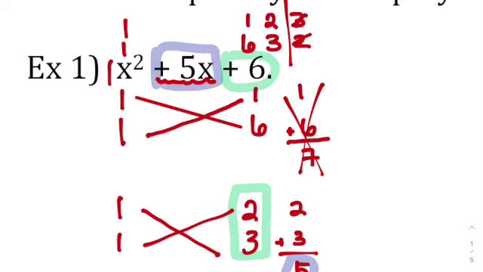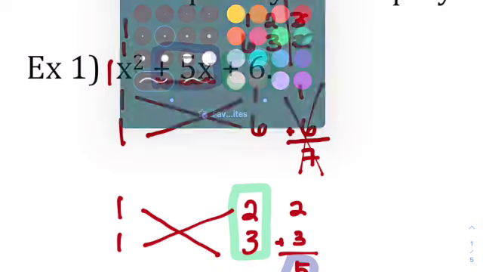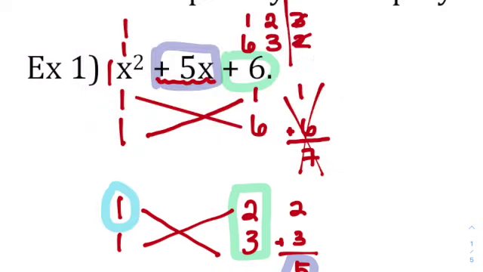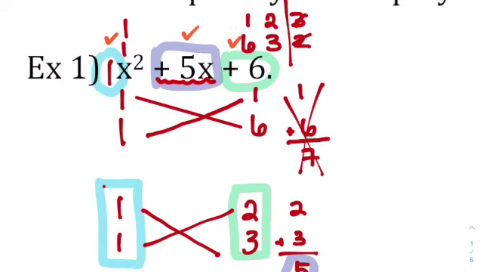That's how you check it. One more thing to check is 1 times 1 gives you the 1 right here. Everything checks out. The first one doesn't work because after crisscross multiplying you get 7, and we want a 5. So the only way is 2 and 3.